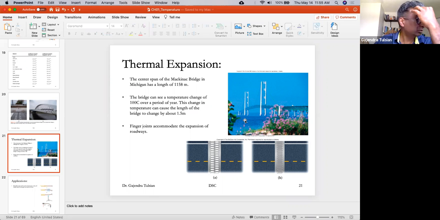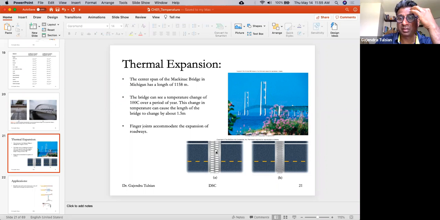The way you accommodate for that is you leave thermal expansion gaps like that. Every bridge has these. These are gaps that are left between spans.